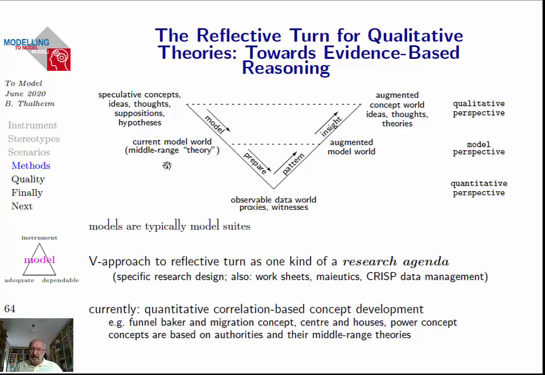And then you use your observable data world to get an augmented model world, and for this reason an augmented concept world of ideas, thoughts and theories. That means in this case you go down from qualitative reasoning to model reasoning to quantitative reasoning, again back to model reasoning, and again back to qualitative reasoning.